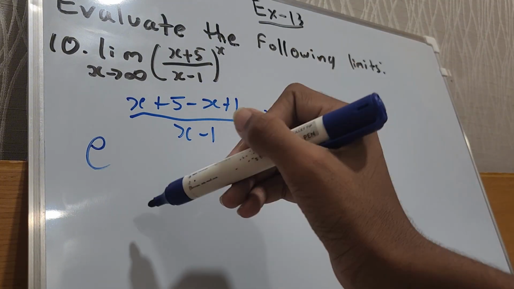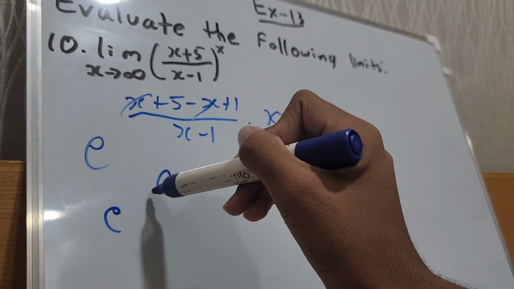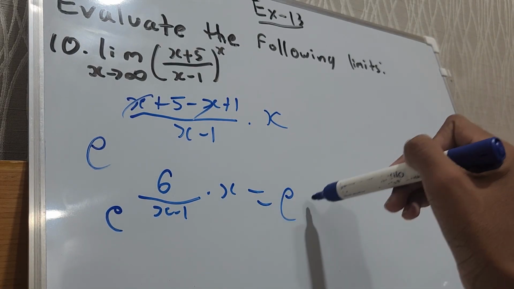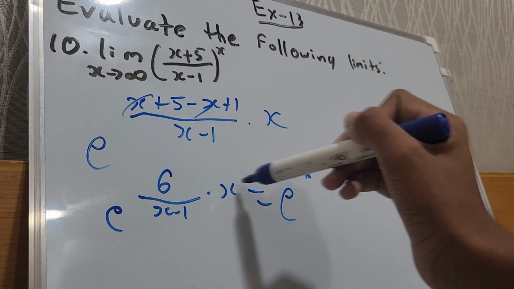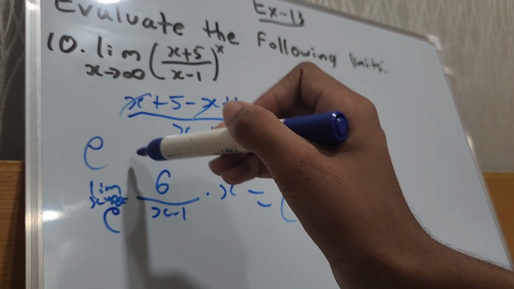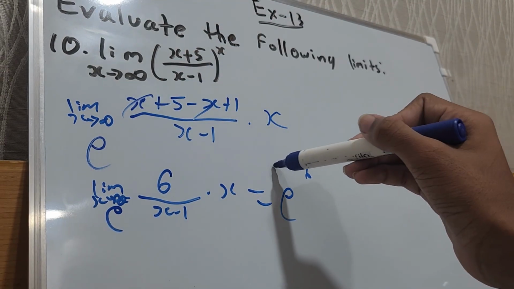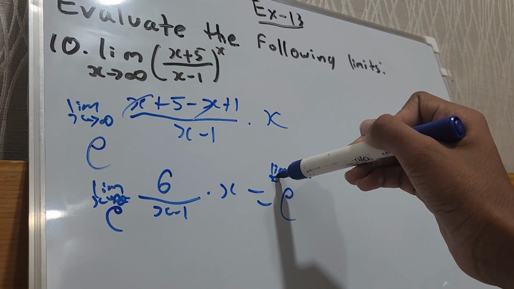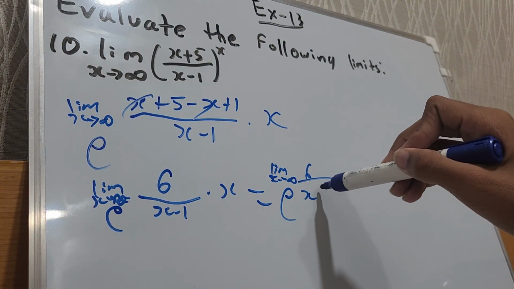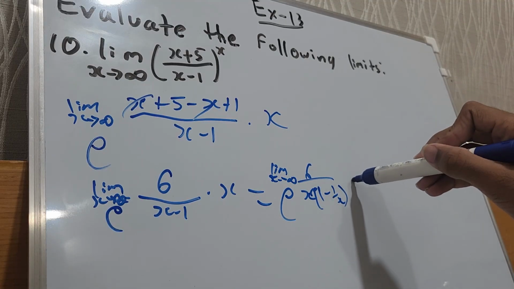Now you take e power, x cancel, 6 by x minus 1 into x, which is equal to e power limit x tends to infinity, 6 by x take common, 1 minus 1 by x, into x.